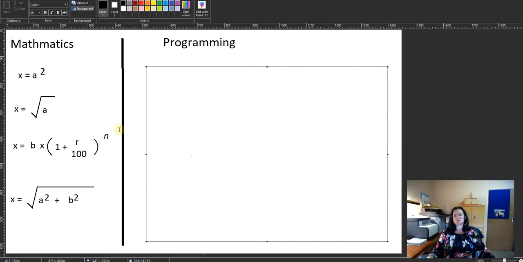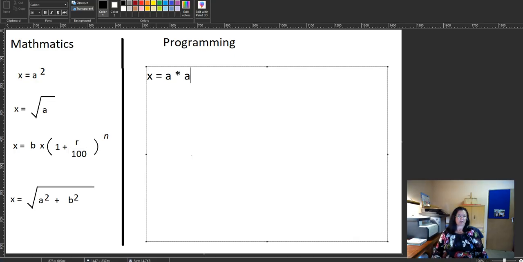Okay, now we get to a few more difficult exercises. The first one, x is equal to a to the power of 2, can easily be represented like this. A to the power of 2 is the same as a multiplied by itself.